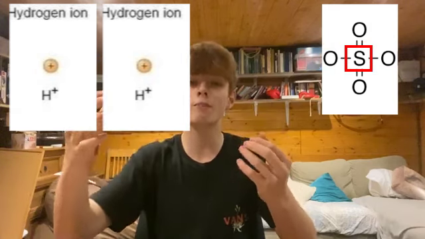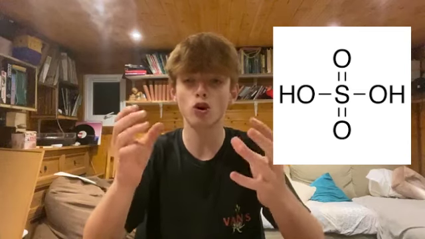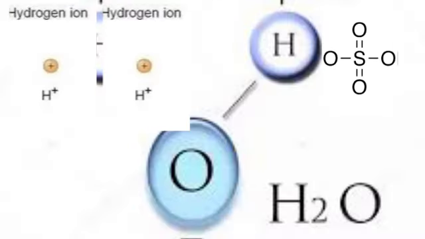Sulfur itself will play a part, because if you look at a periodic table, it's one step below oxygen, which means it's still going to be pretty electronegative. I'm not going to explain the whole periodicity of how electronegativity works because it's very complicated, but it's still going to play a part as well. That's why the majority of sulfuric acid molecules will dissociate in a solution.